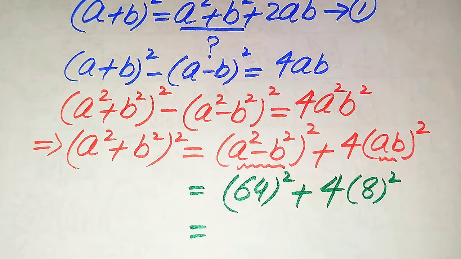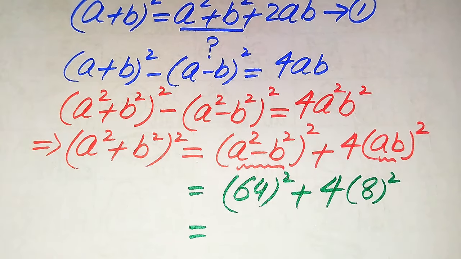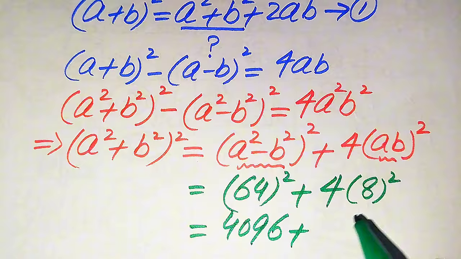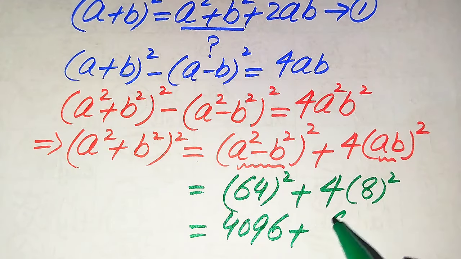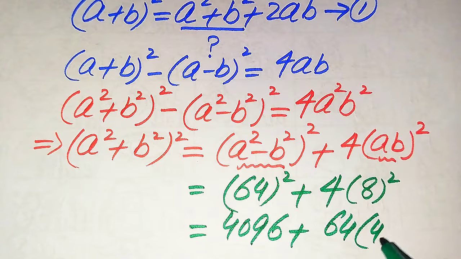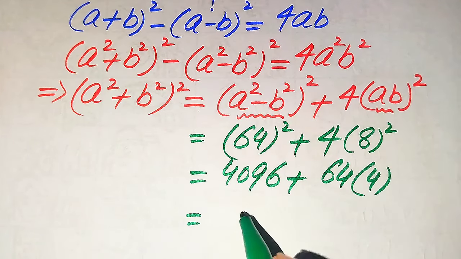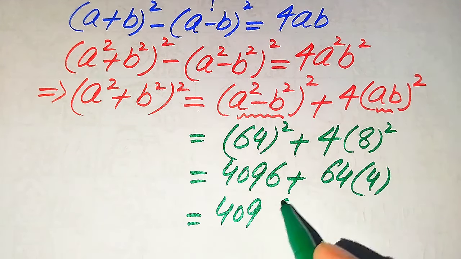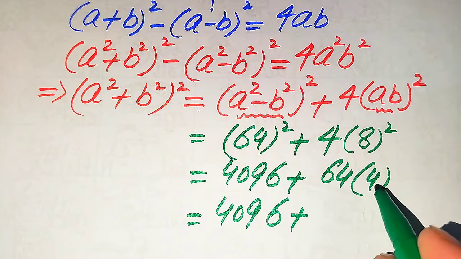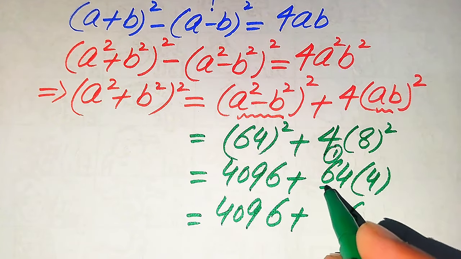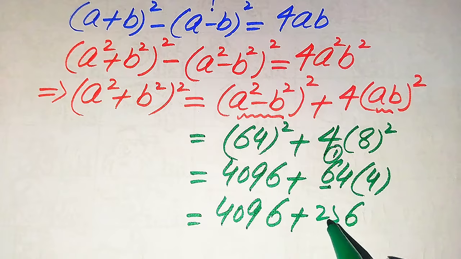So we know that 64 square is equal to 4096 plus, here we have 8 square becomes 64 and it is multiplied by 4. So when we sum up these values it will be written as 4096 plus 4 times 64. 4 times 4 is 16, we write 6 and carry 1. 4 times 6 is 24, 24 plus 1 becomes 25.